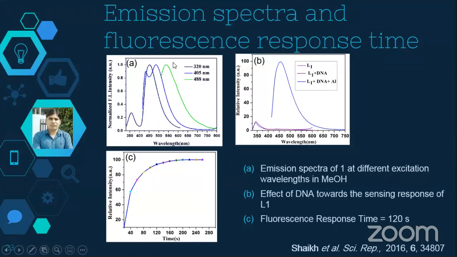At 405 it is blue emission, at 488 it is green emission, so it is highly fluorescent in nature. We also did a DNA binding test, and we saw that when you add aluminum to the ligand in presence of DNA, a very prominent high fluorescence intensity was observed. The fluorescence response time for this particular sensor was 120 seconds. That is quite appreciable response time in terms of the sensing of aluminum.